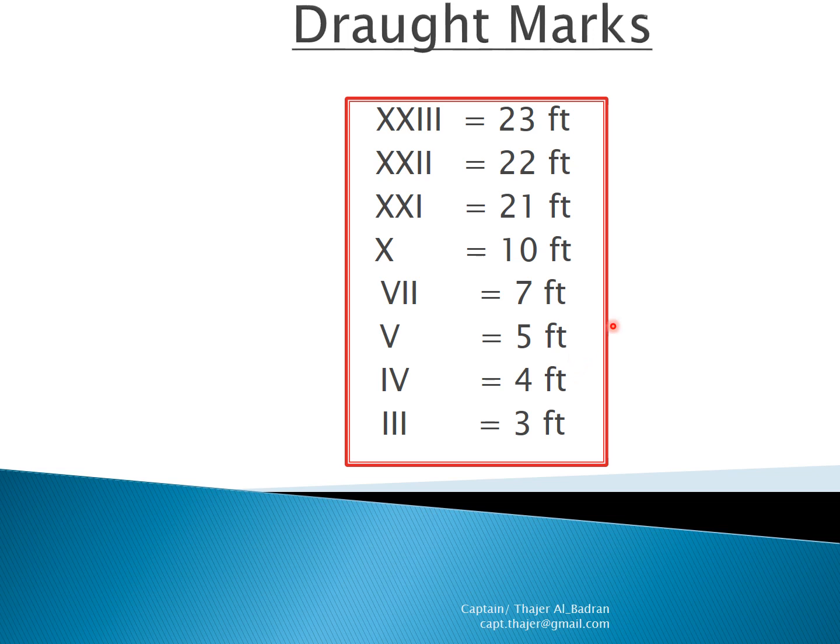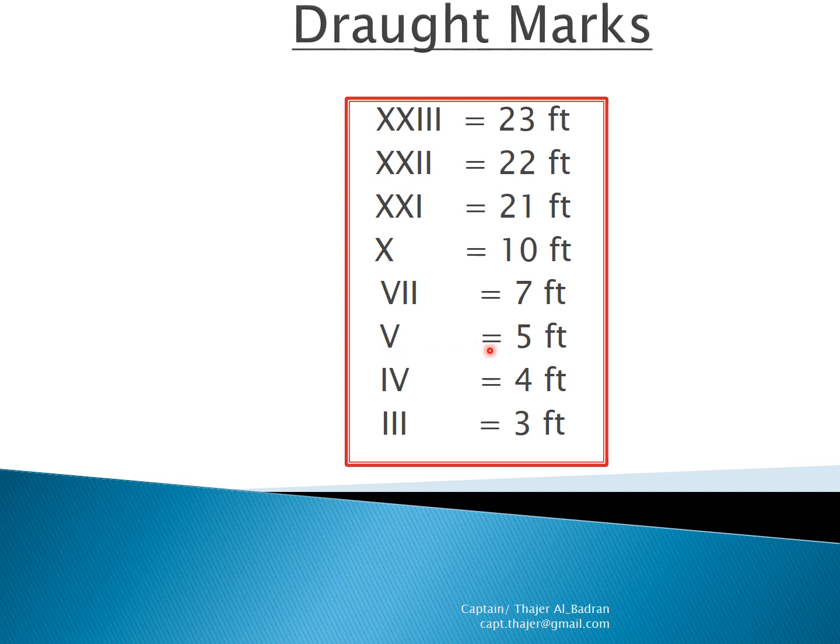This table mentions the draft marks. Most often, we can see the draft in feet, also in numerals, English or Indian numbers and Greek numerals. If you see 3, I mean 3 feet. IV means 4 feet.